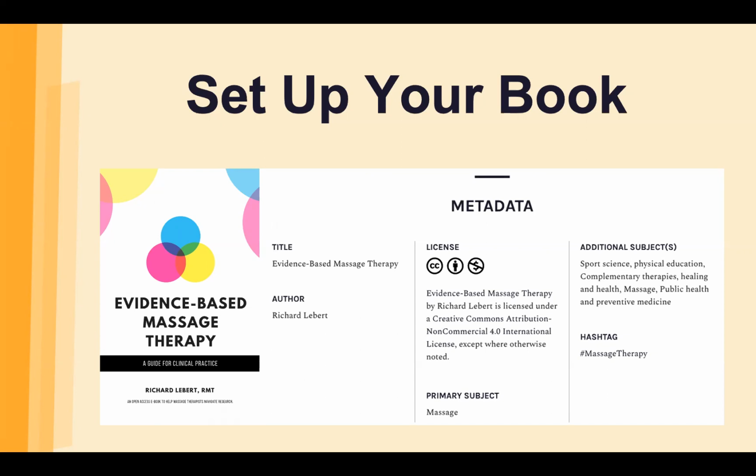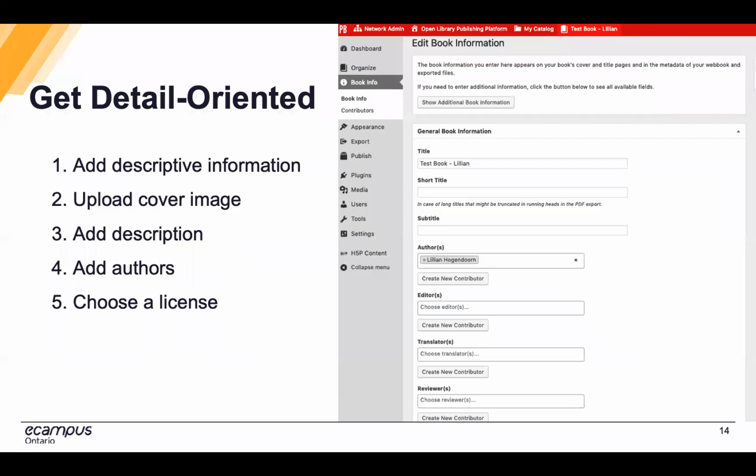There are some important features and metadata about your book that you're going to want to consider before you start creating, typing and enhancing your book. These are the first steps in understanding how the book is created and what you can do with the book and the information that's embedded into the book itself.